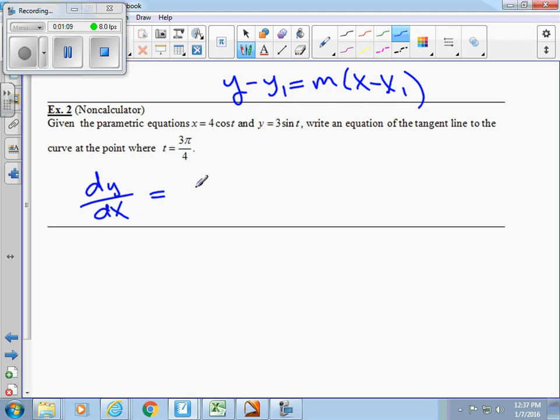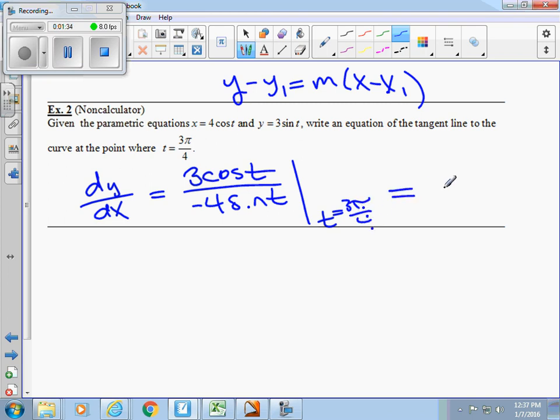dy/dt is... and dx/dt is... I do want that at t equals 3π/4, which is cosine of 3π/4.